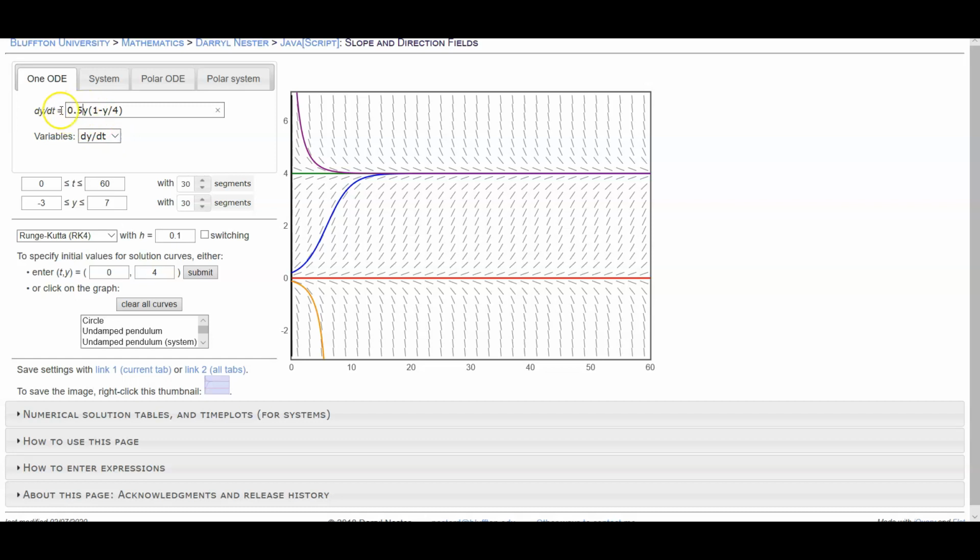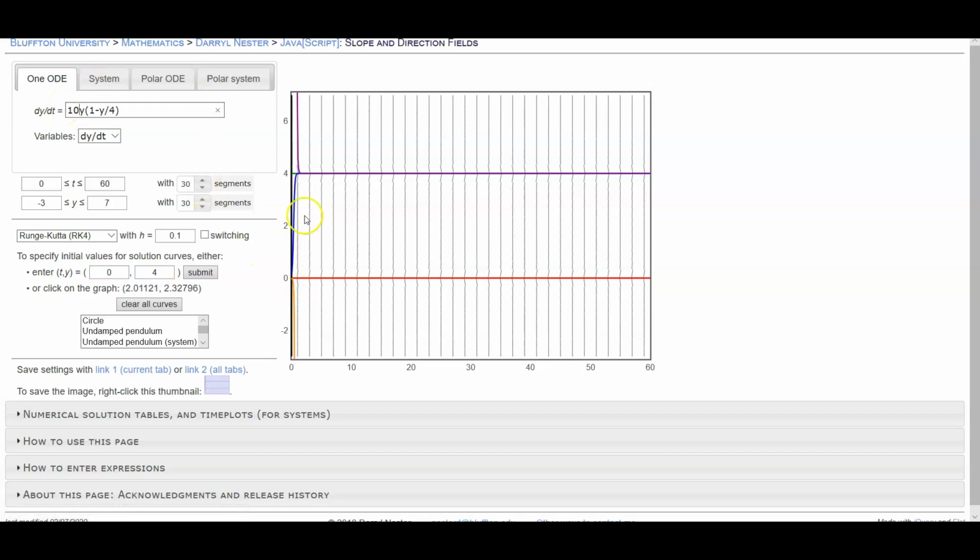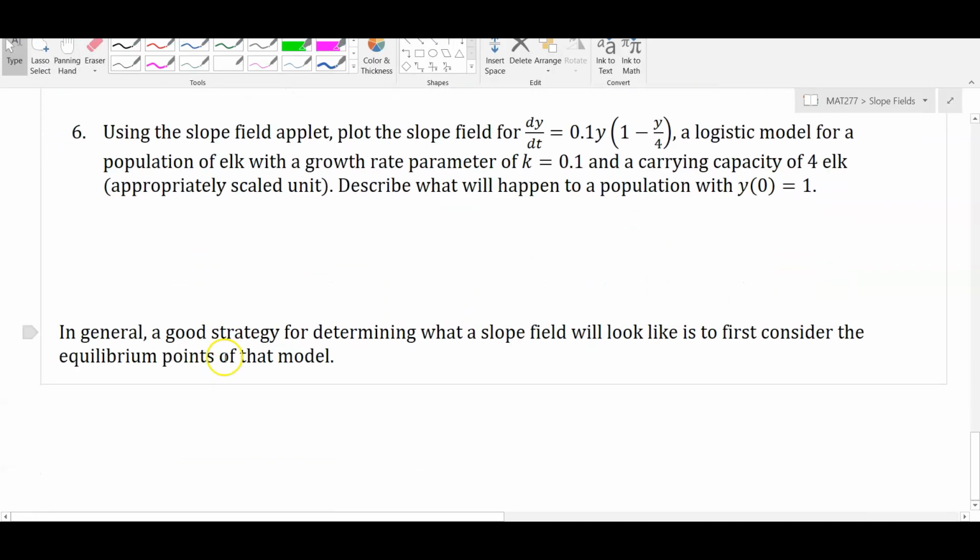If I make this like 10, which is just insane growth, that S is very, very compressed and growth occurs very, very rapidly. We'll talk more about what all these little features mean in here. These are just some models that they have built in, and we'll talk more about the numerical solution table as we go.